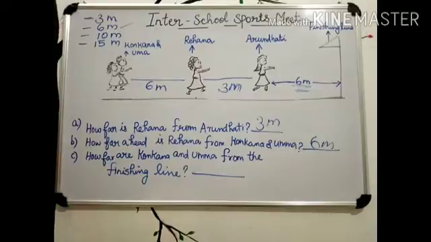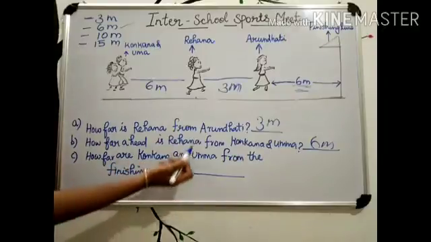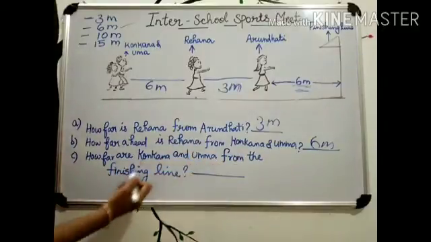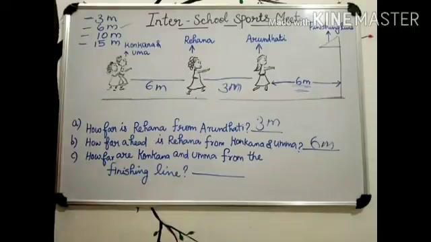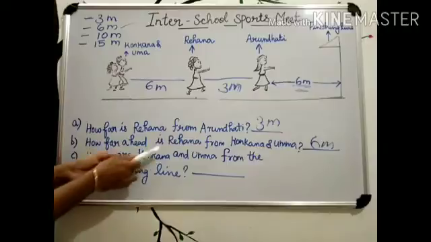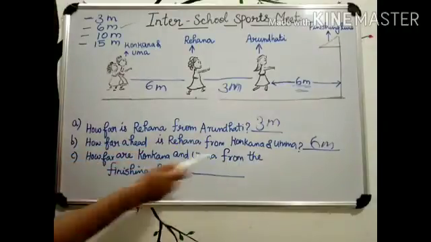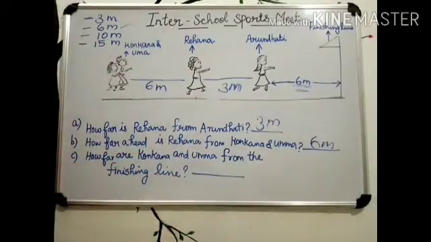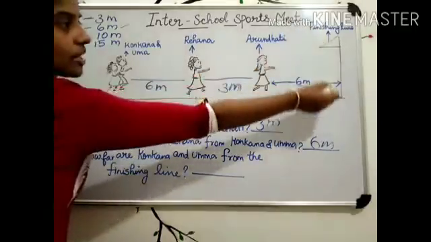Okay, then let's see the last question. How far are Konkana and Uma from the finishing line? So you know that this is the finishing line.